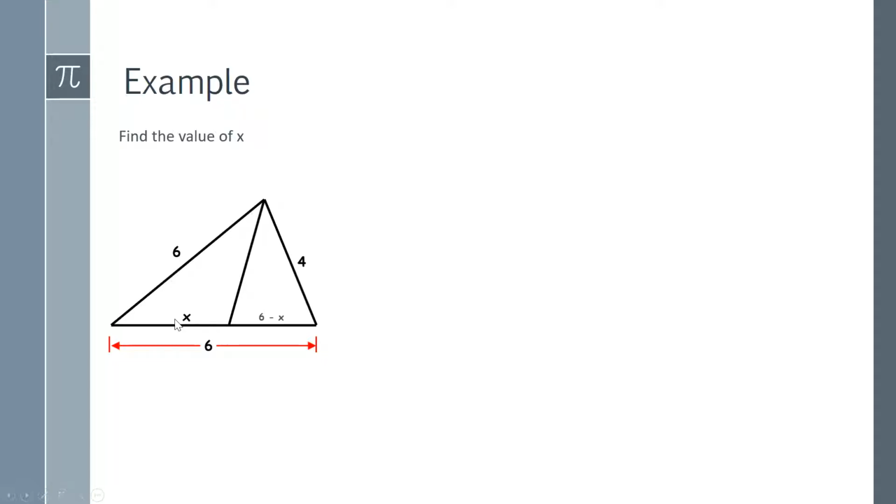So now we're going to set up our proportion. So this will go to this, the same as this goes to this. So x over 6 minus x equals 6 over x. So you see these sides should be side by side, and these should be side by side. So that's how you're going to set up your proportion.